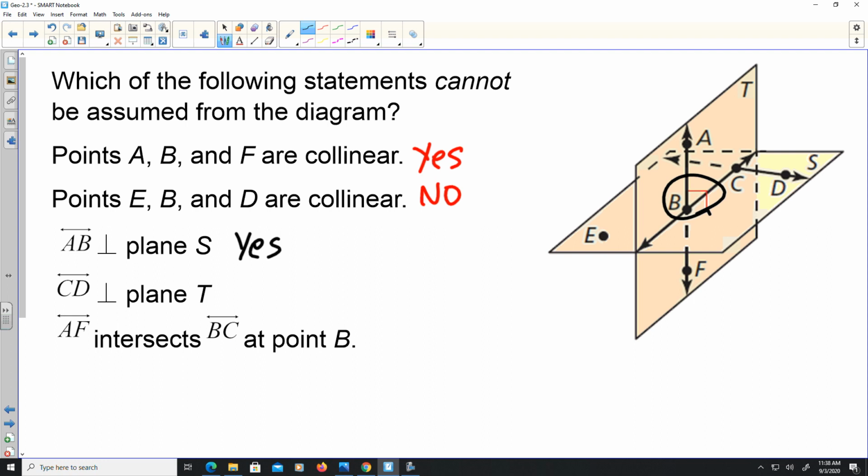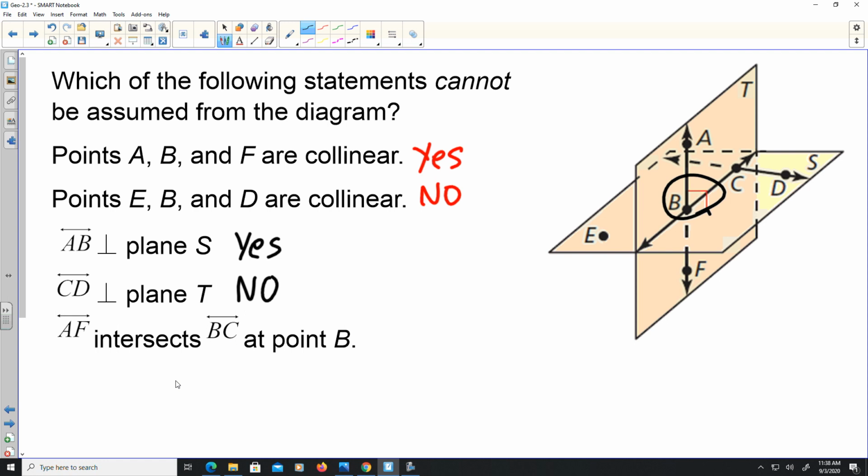Here it says CD is perpendicular to plane T. This one does not have the 90-degree mark, so in this case, I cannot assume it right away. There may be some ways that you can prove it. It might possibly be perpendicular, but I can't assume that.